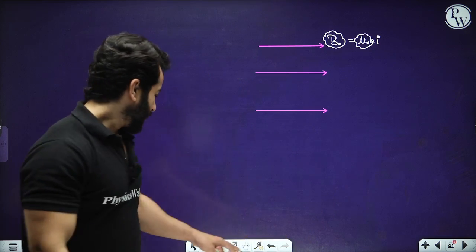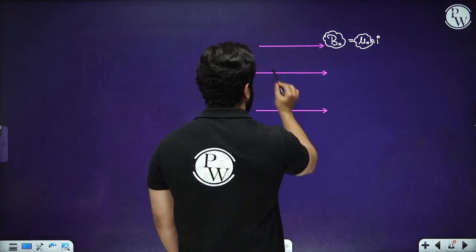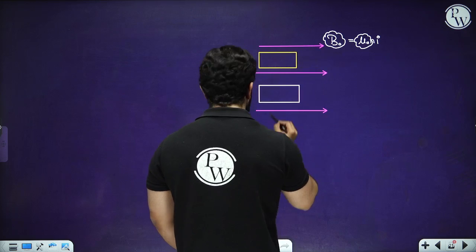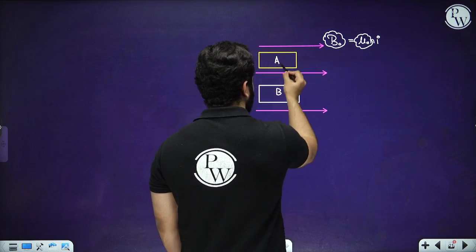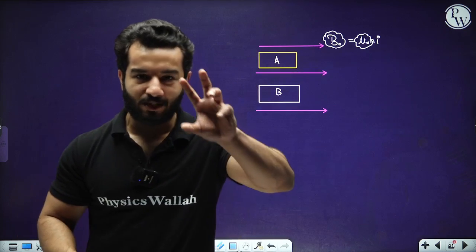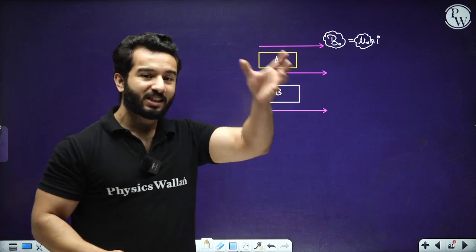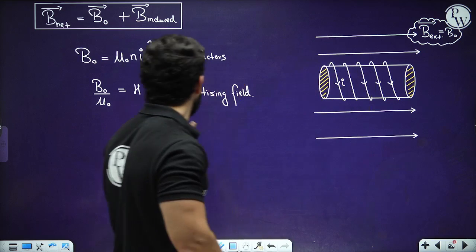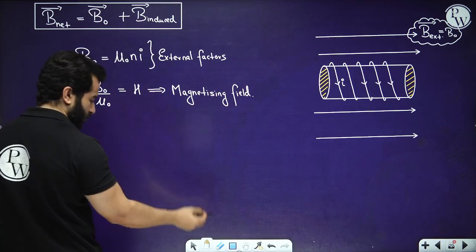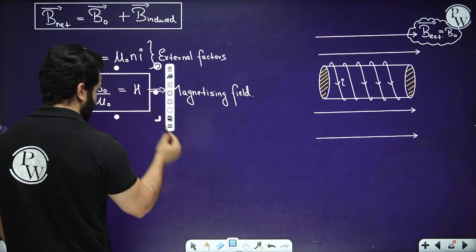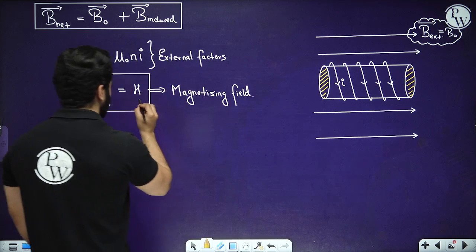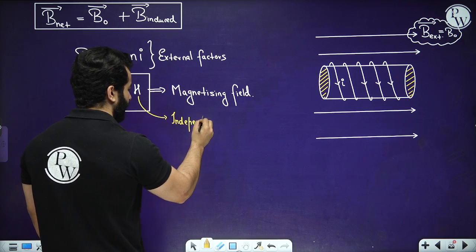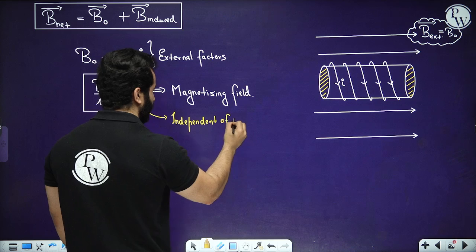What I want is, if I place two different materials over here, I should get to know what is going to be the difference in magnetization because of a certain physical quantity which is independent of material. That's why we have defined a term H, which is the magnetizing field. So the importance of this is that H is independent of medium.